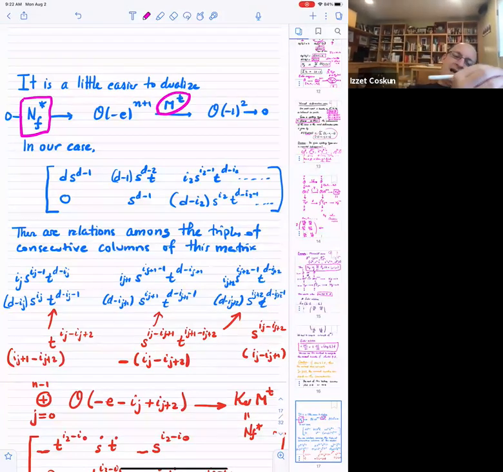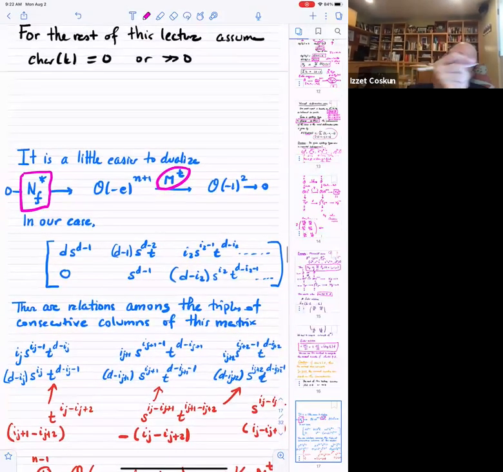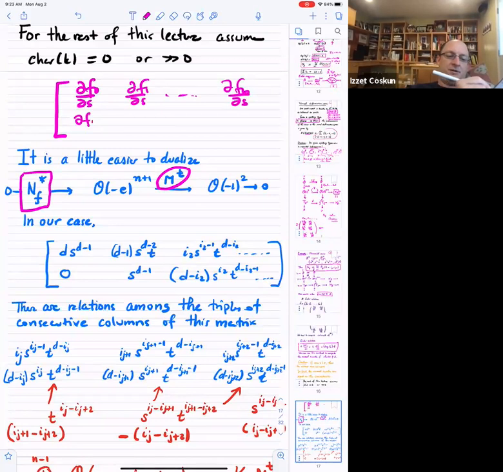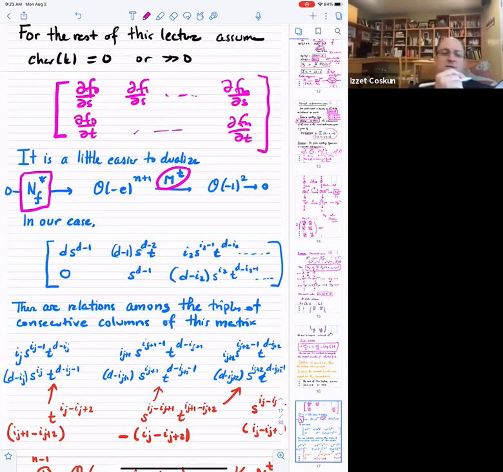So now I have this matrix. It looks like df_0/ds, df_1/ds, ..., df_n/ds, and here it means df_0/dt, ..., df_n/dt, right? The question that we are asking is, what are the relations among the columns of this matrix?